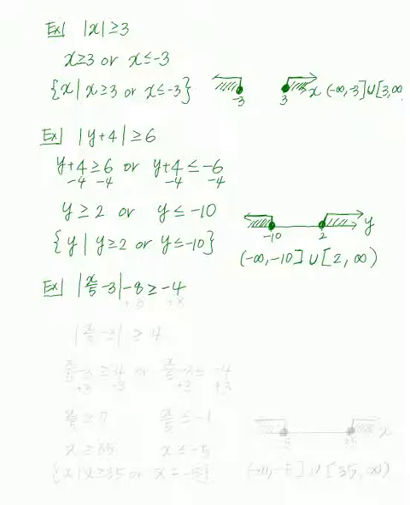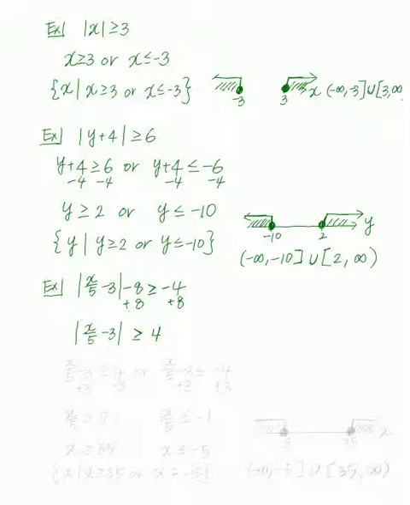Again, the rule says I have to have the absolute value by itself first. So I'm going to go ahead and add an 8 to both sides, giving me the absolute value of x over 5 minus 3 is bigger than or equal to 4. I'm glad it changed it to a positive. If that was a negative, we'd have some problems.